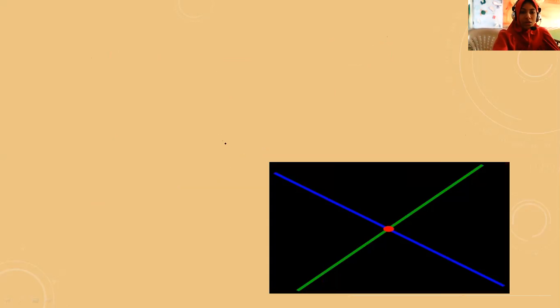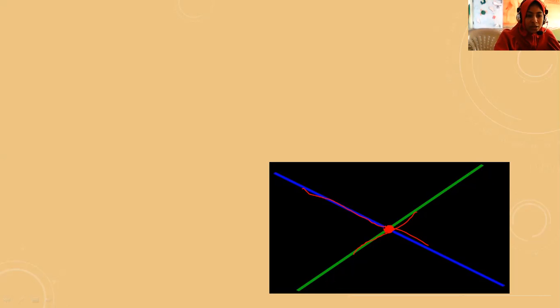Okay. Now on your screen you can see that there are two lines. You can see this one blue and the other one is green. So these both lines are meeting at a point, or crossing each other at a point. They are intersecting each other.